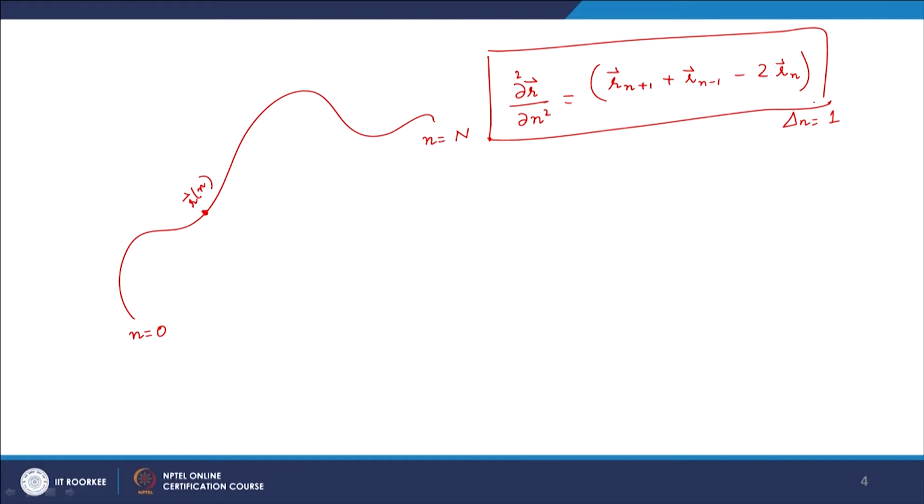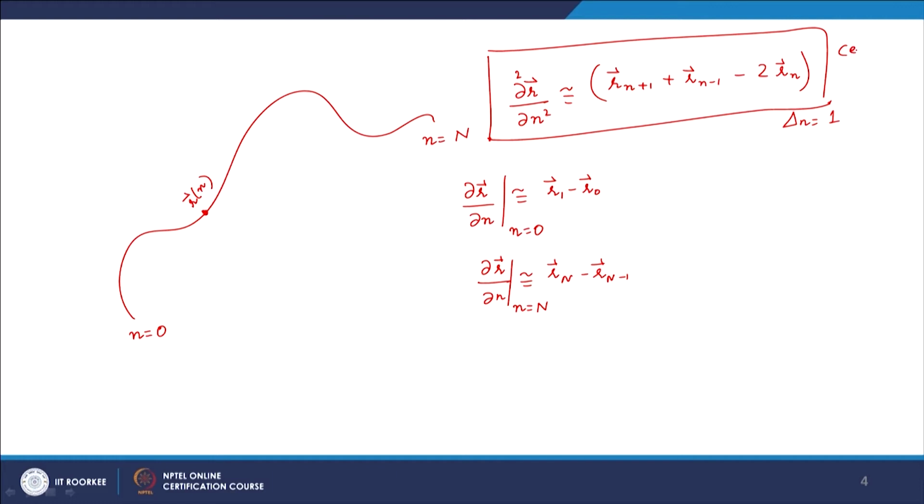So, we get this particular relation, and then we can write for the two ends the first derivatives. So, ∂R/∂n is equal to R1 minus R0, again Δn is equal to 1, for n equal to 0, and then ∂R/∂n for n equal to capital N has to be R(N) minus R(N−1). These are approximations, by the way.